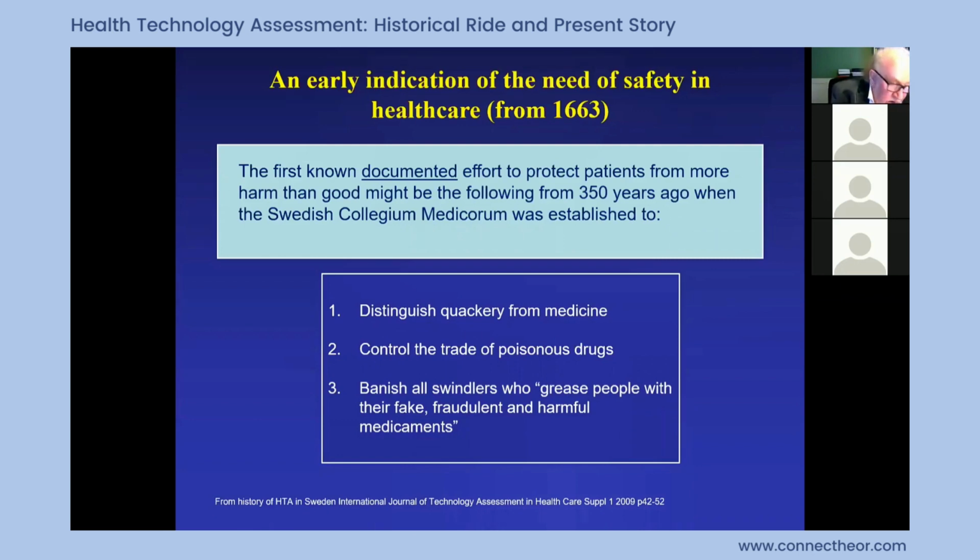Today, there are regulations in place in essentially all countries, at least most countries around the world, and these regulations are focused not only on safety, which means that a technology needs to have the risk known. Safety is the same as we know the risk. But we also need to know efficacy, which means that the technology does what it is supposed to do.